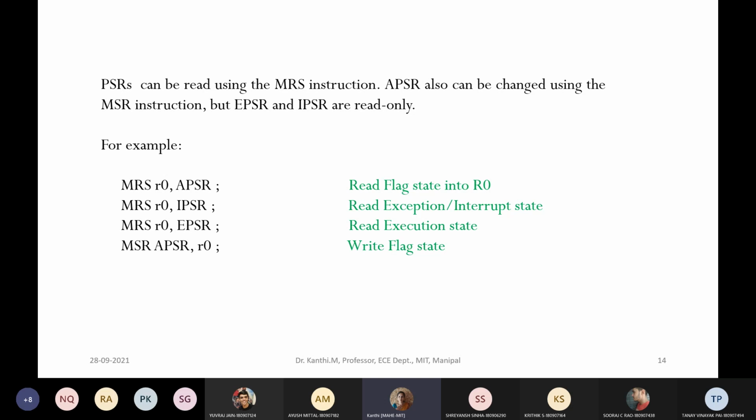And MSR means I can write onto the special registers, so I can modify something. But again, when and where we can use this makes the difference, whether I can use it in user mode or in exception or system mode.